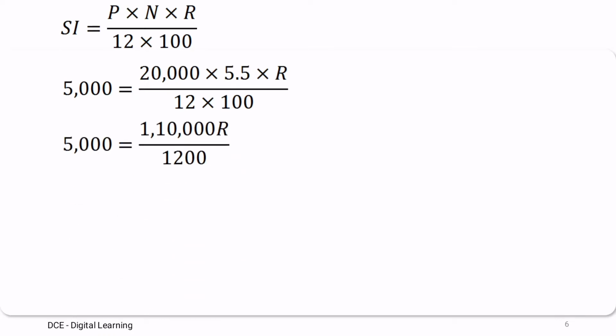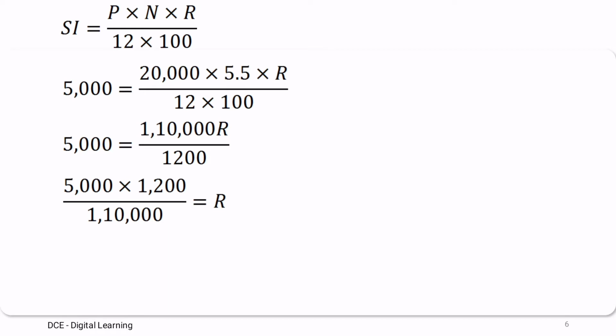So 20,000 into 5.5 is 1,10,000 into R as it is. 12 into 100 is 1200. Now if you take values from the right hand side to the left hand side, the multiplication sign will be replaced by division sign, and division sign will be replaced by multiplication sign.